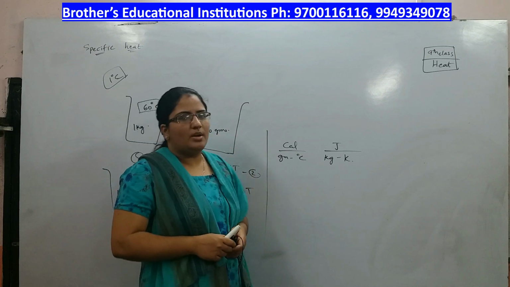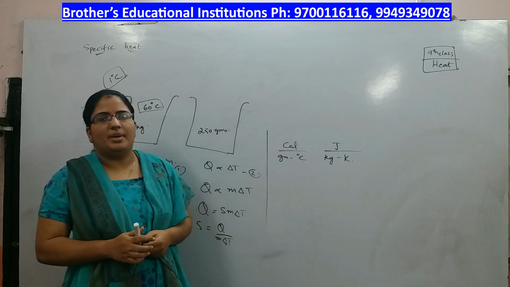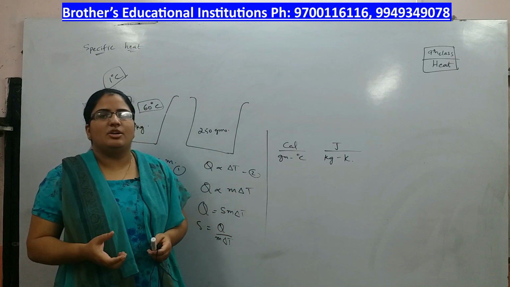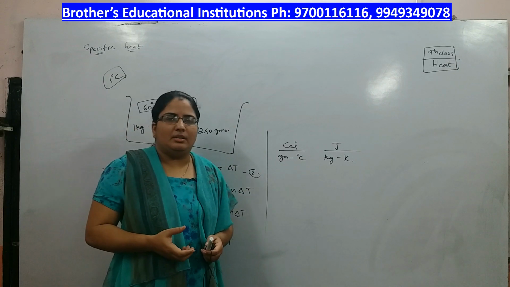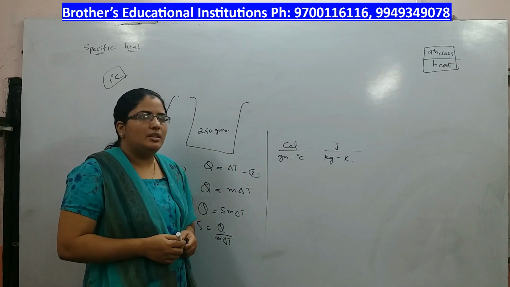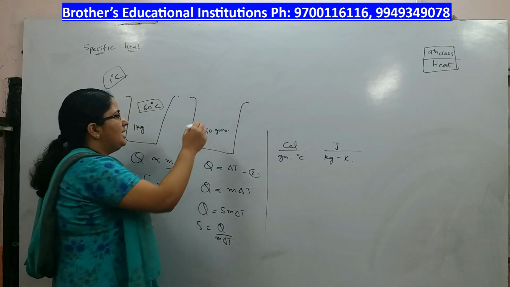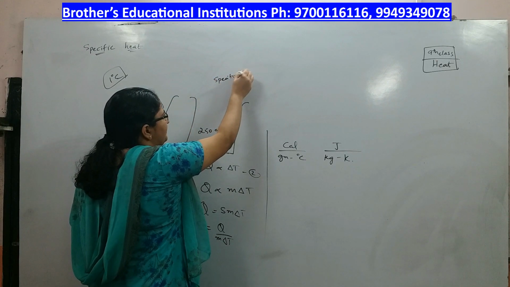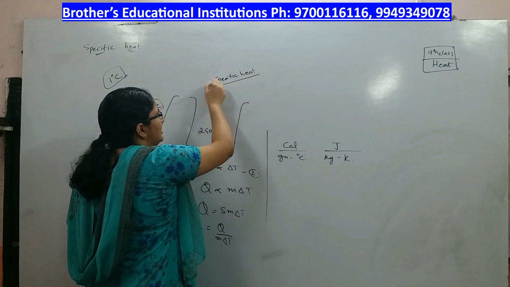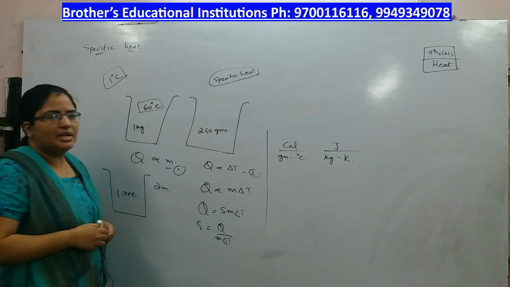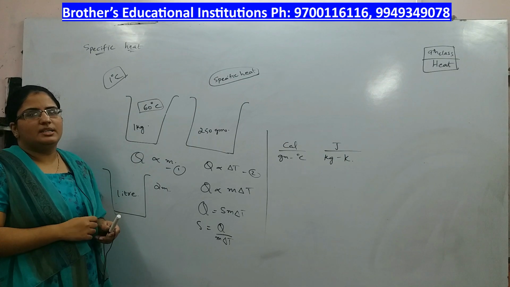The specific heat of a substance depends upon the nature of its material. Now, the more the specific heat, it takes a lot of heat energy to raise its temperature by 1 degree centigrade.